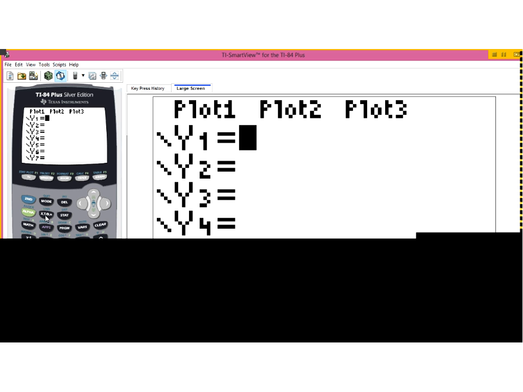And what I'm going to do is graph that function, x squared minus 7x minus 8.